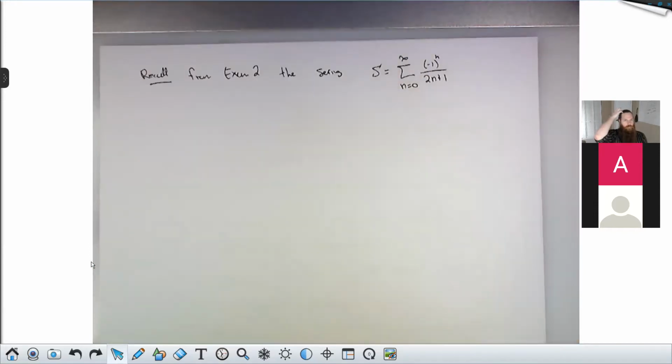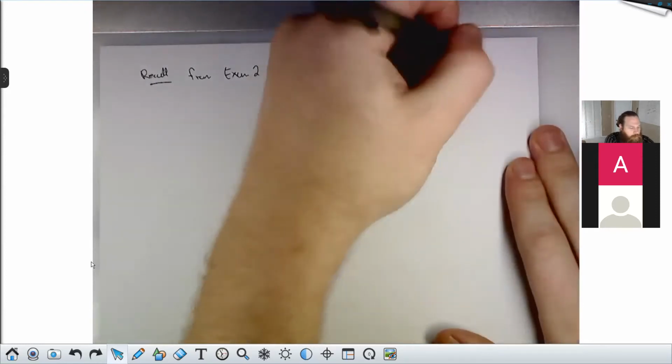This was the series where I said, tell me how many terms I need to approximate with error less than 0.01. I claim this series is equal to pi over 4.